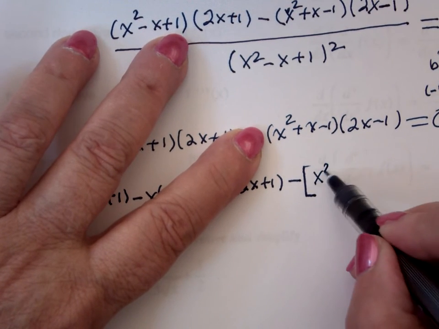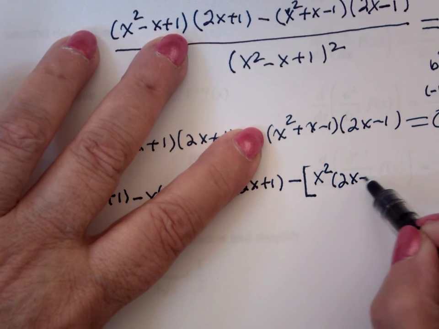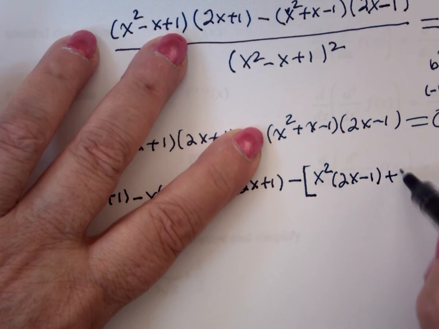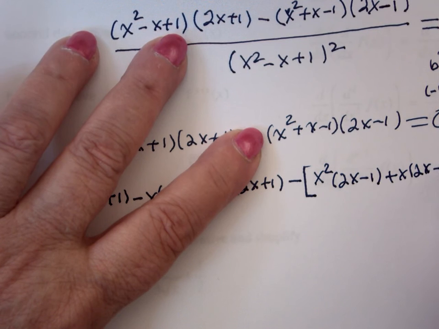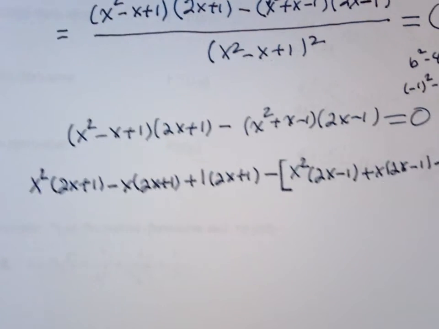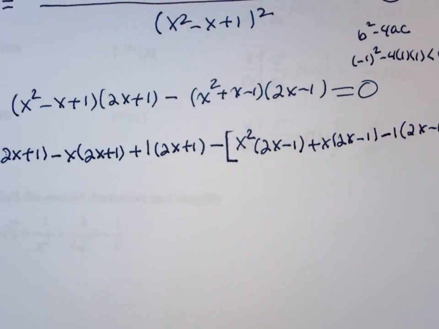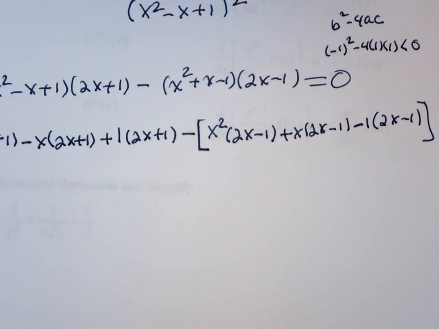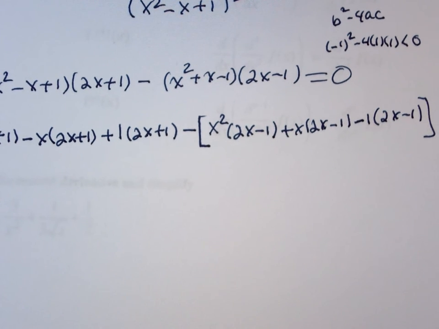So it's x squared times 2x minus 1, plus x times 2x minus 1, minus 1 times 2x minus 1. And I'm off my paper here. This is what makes it so hard to video this stuff, because it has to be big enough for you to be able to see it.